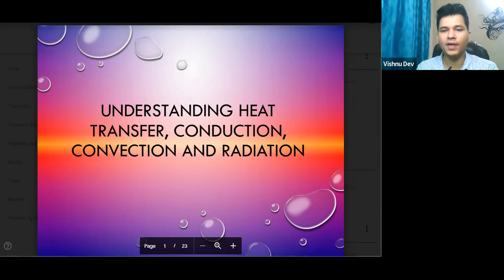So whenever we talk about heat change, how many types of heat change are there? Two. Yes, exactly. First is due to temperature change, and second is due to phase change.